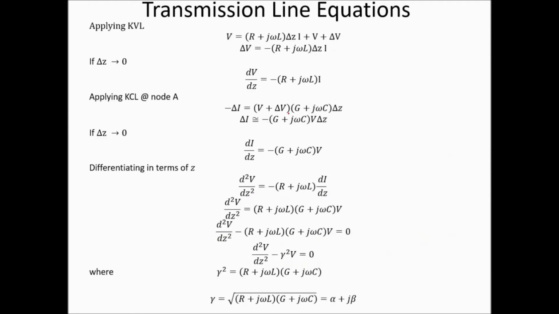Now we got this expression using Kirchhoff's voltage law. If we assume that the length of the transmission line segment is very small, then delta V over delta Z can be written as dV over dZ.